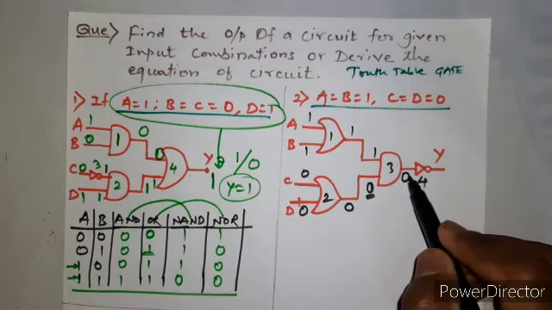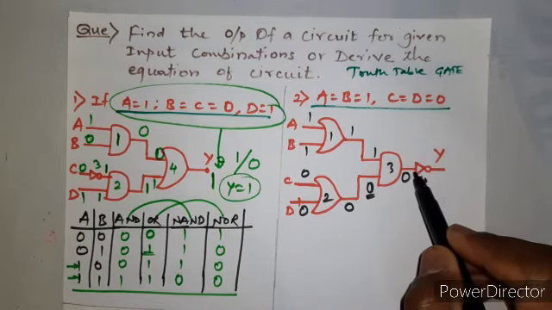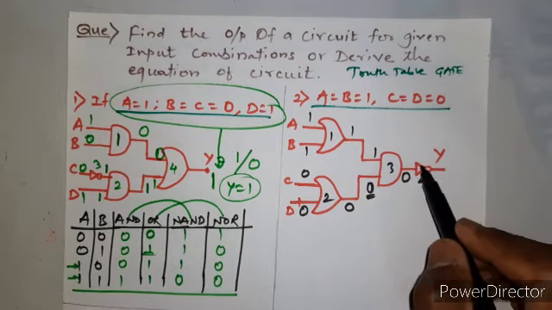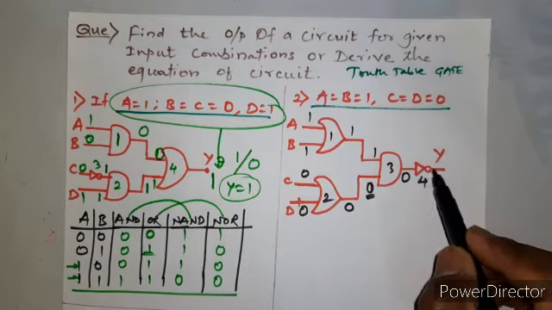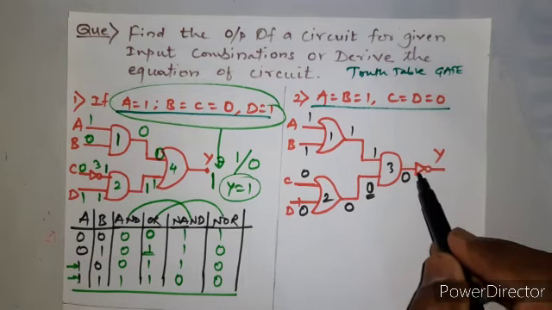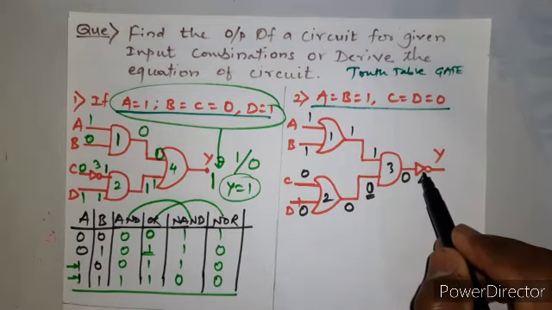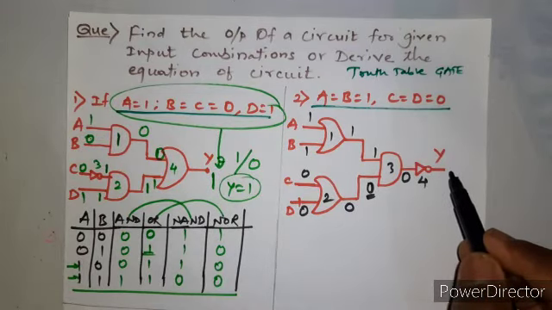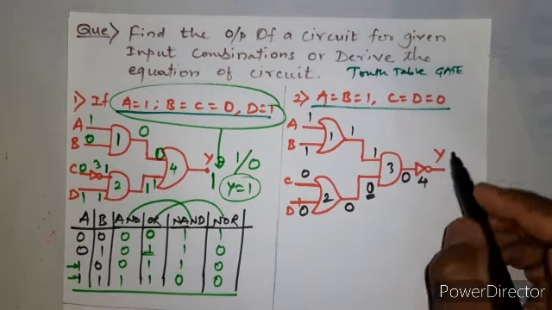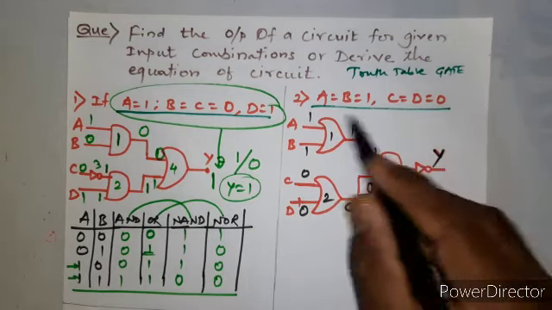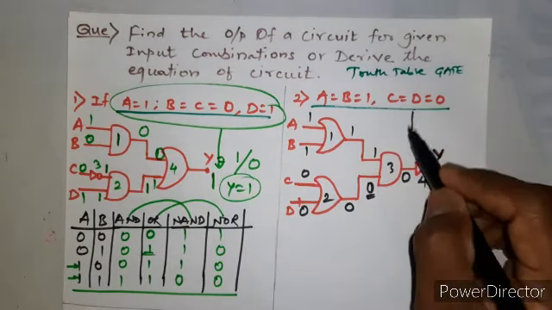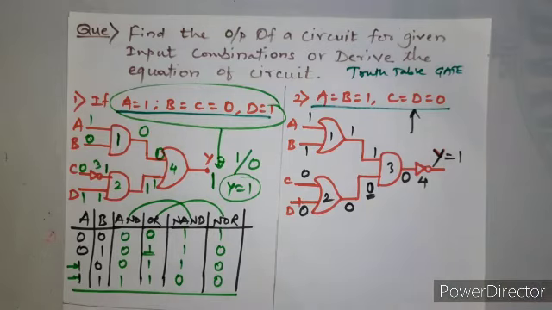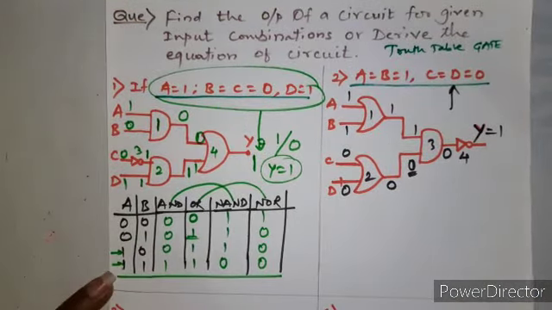Now the output of the AND gate is 0, but since to the output of this AND gate we have connected a NOT gate, the input for the NOT gate is 0, and the function of the NOT gate is that it just inverts 0 to 1 and 1 to 0. So the final answer for this circuit for given conditions is y equal to 1, right? So quite easy it is.